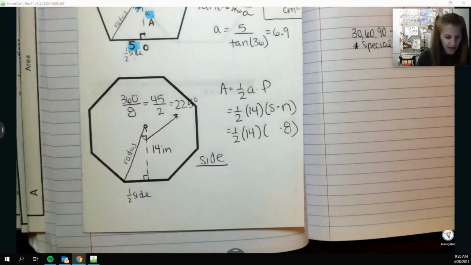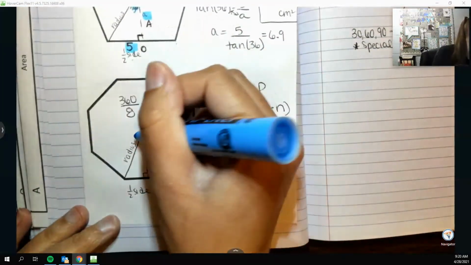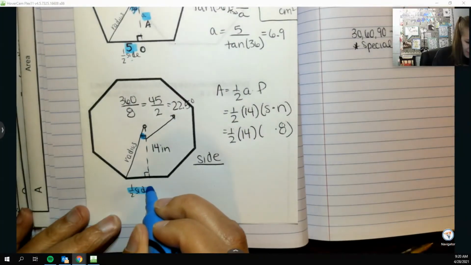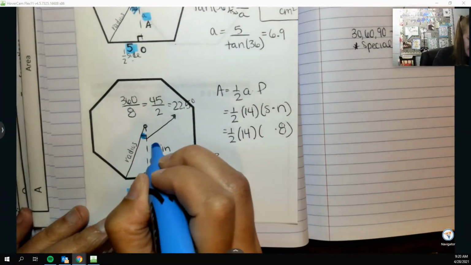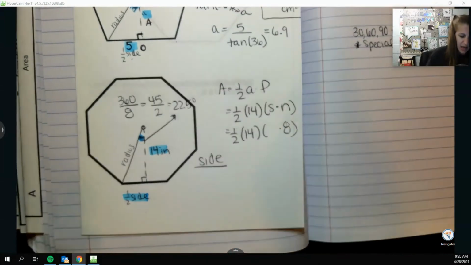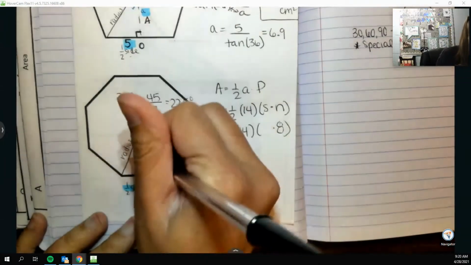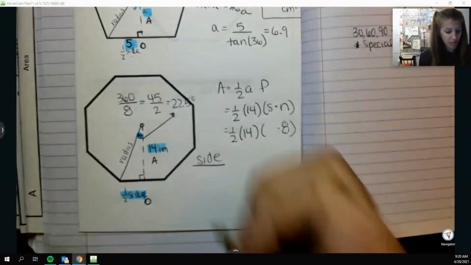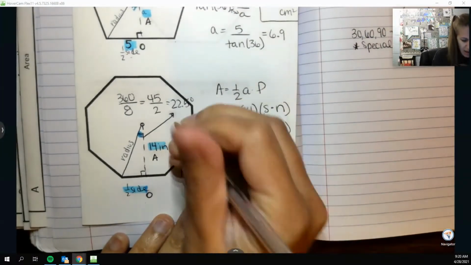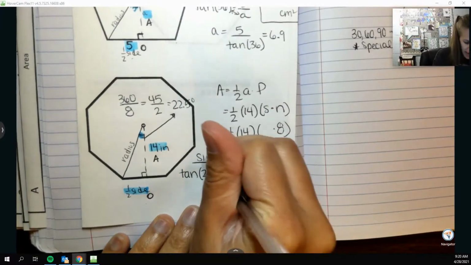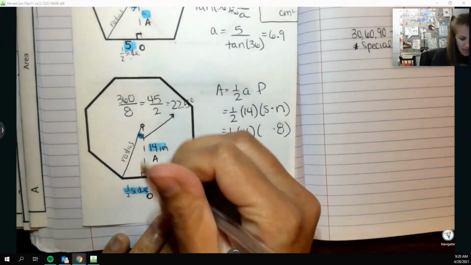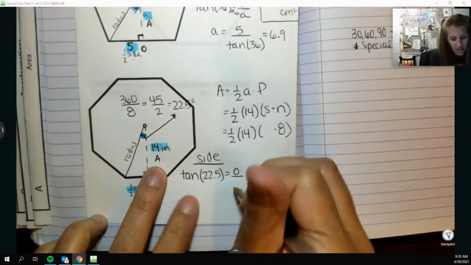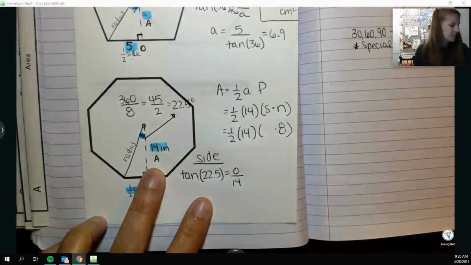And if this is the angle that I have, this central angle right here, the side that I want is opposite. The side that I have is adjacent. And so really, just like the last one, I'm going to have to use tangent. So we'll do tangent of our angle, which was 22.5, equals the opposite side, which I do not know, over the adjacent side, which was 14.